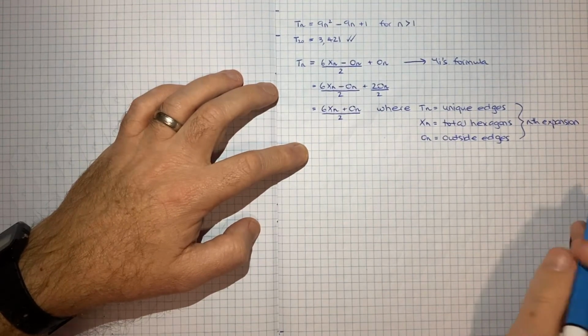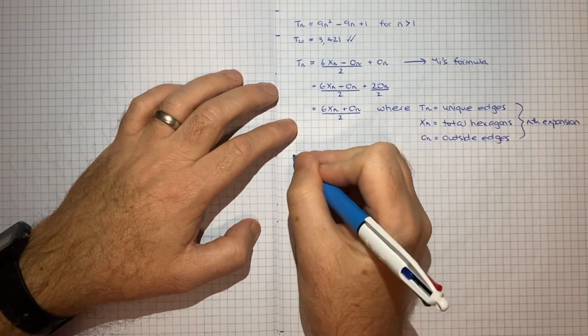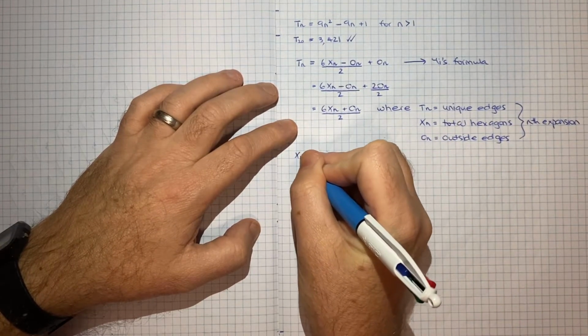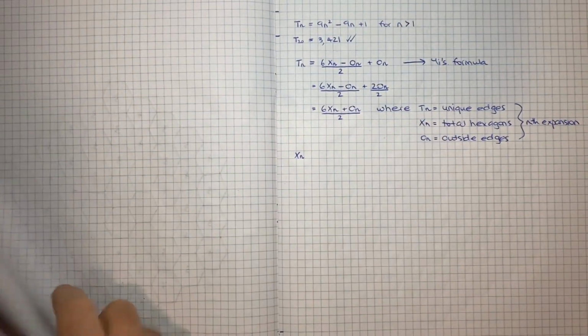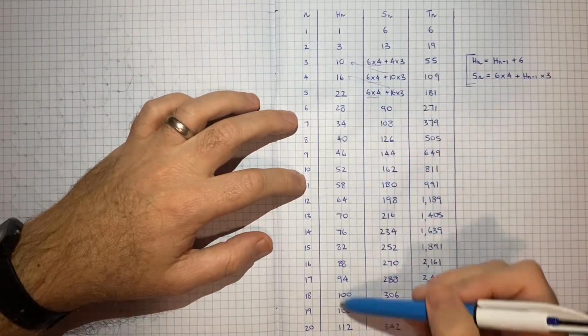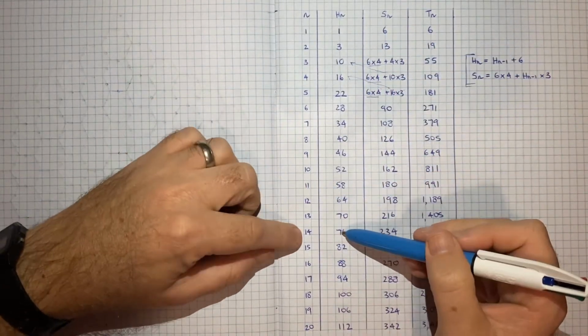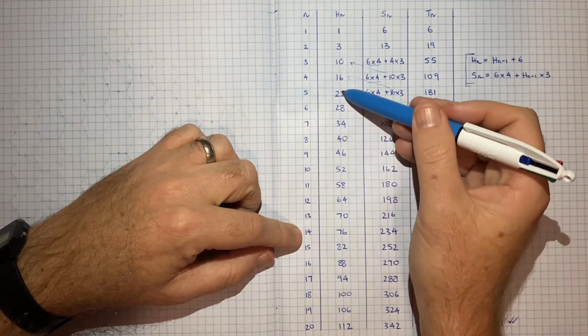I'll start with xn. So if we think about how we can get a formula for xn in terms of just n, if I go back to V's approach, you'll see that the total hexagons at any expansion would just be adding up all the prior new hexagons.